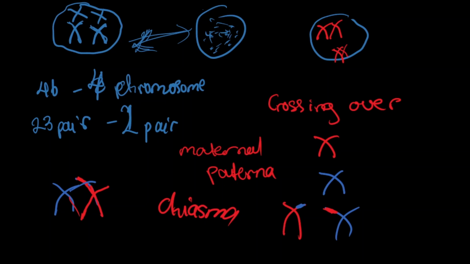But it's good for us for now to take note of the fact that the primary oocyte stops the first meiotic division at prophase 1.